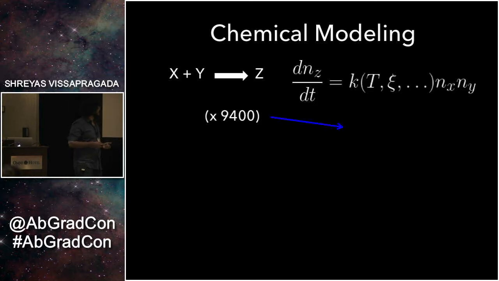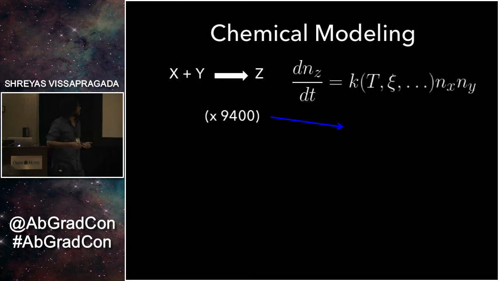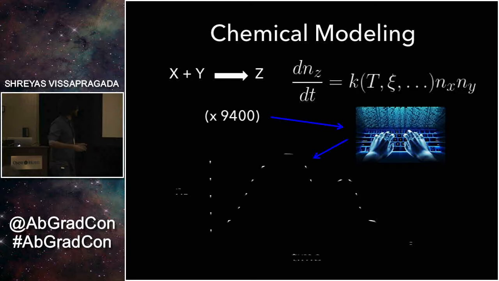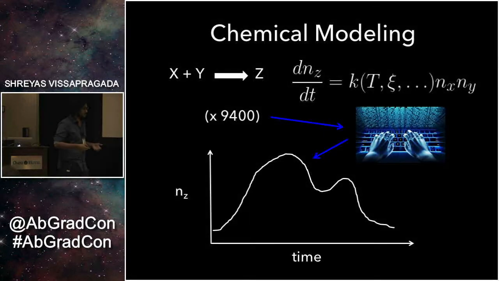And so you can imagine that's a 9,400 equation-strong system of coupled ODEs, so you need a computer to solve that. And once you do, you get something called the chemical evolution as a function of time. So in this case, you could get the concentration of z as a function of time. So you pick a suitable time to stop at, and we do that at each grid point throughout the disk.